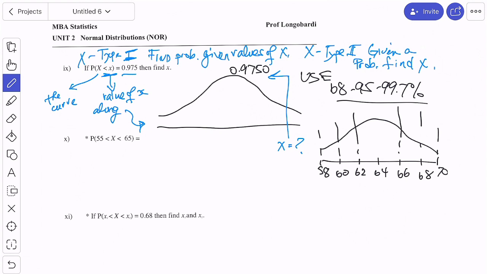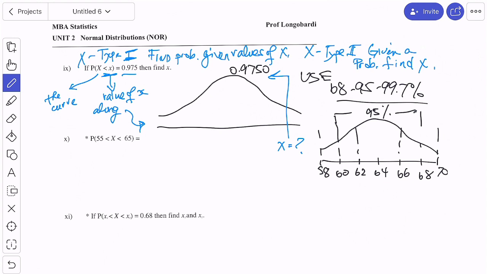If I was to go between two standard deviations, I would have 95%.